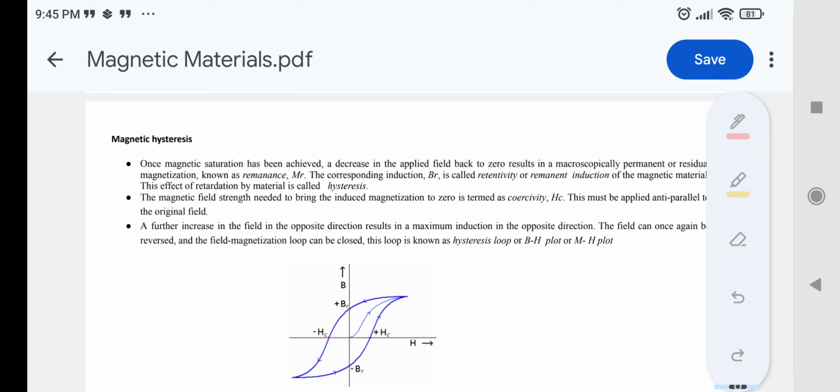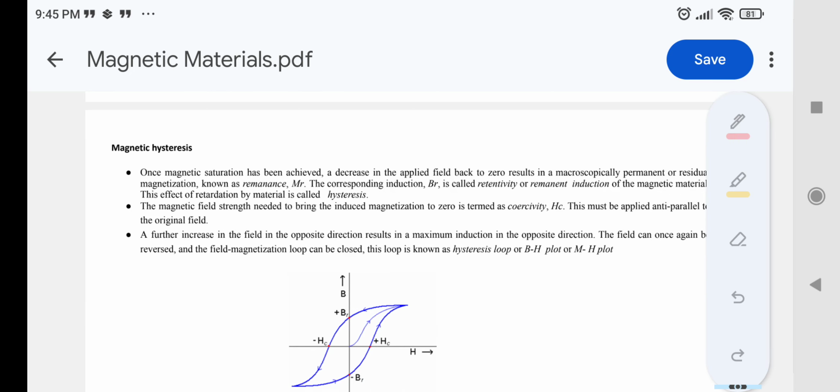Magnetic hysteresis is that once the magnetic saturation has been achieved, a decrease in the applied field back to zero results in a macroscopically permanent or residual magnetization, which we call remanence, and it is denoted by Mr. The corresponding induction Br is called retentivity or remanent induction of the magnetic material. This effect of retardation by the material is what we call hysteresis.